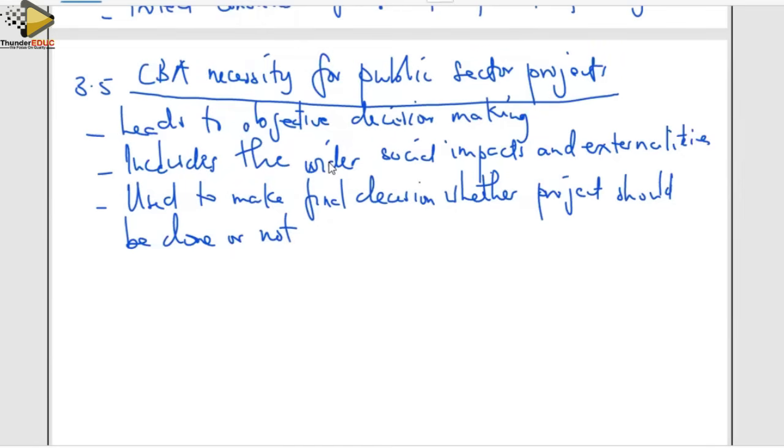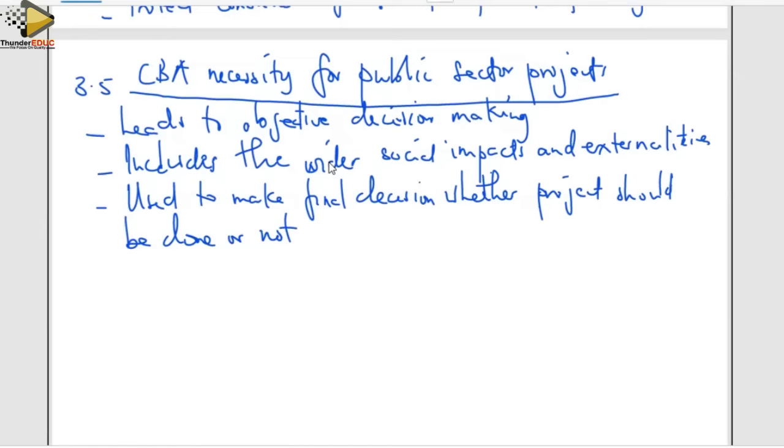And also we can say there's an absence of market signals to support whether the project can go ahead or not. We rely on the CBA. So the CBA actually assists us to come out with that decision.